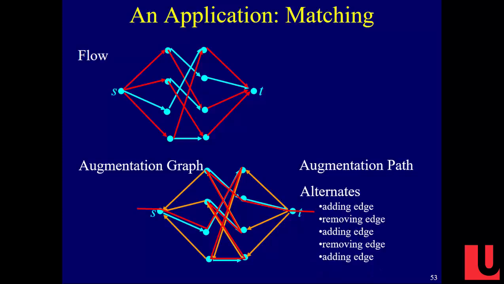And the joy about it is when you're going this way, you're adding an edge, and when you're going this way, you're removing an edge. But we start going this way, so we start by adding an edge, and we end by adding an edge. So in the end, one more edge gets put in, right? So when we go this way, we add an edge, right? Because we're adding flow along here.